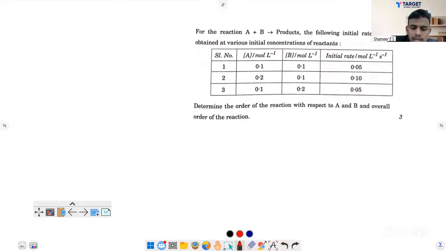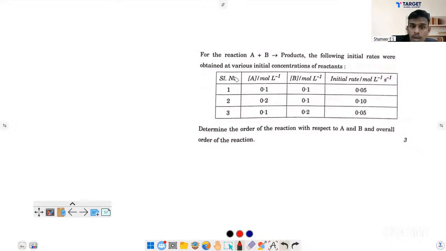This is a special type of question which is regularly asked. We can see the same question in the 2023 paper, or 24 paper also. For the reaction A plus B gives product, the following initial rates are obtained at various initial concentrations of reactants.